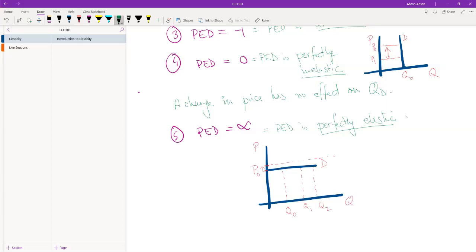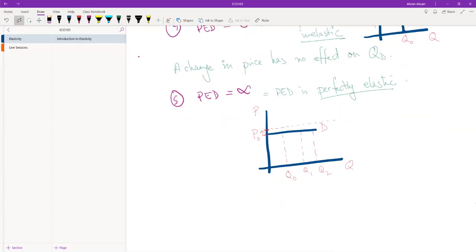So the way of defining this is that even if price increases slightly, not demand, sorry, quantity demanded will fall to zero.